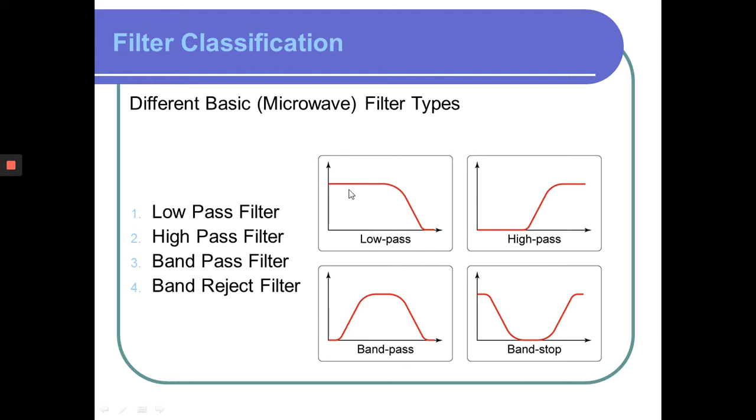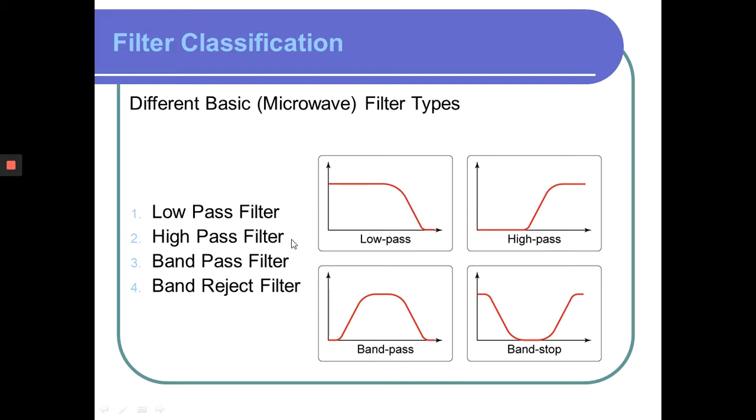I will discuss this more elaborately in the next slide. The low pass filter allows all the low frequencies, and as the frequency goes high, it will start rejecting the frequencies, and as it goes higher, it will not receive any more frequency.